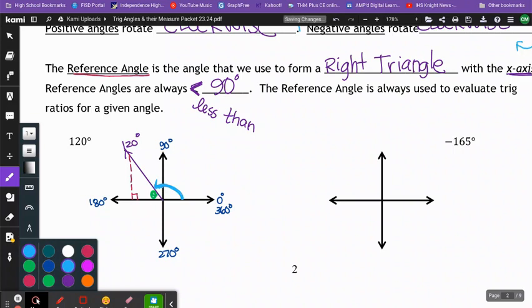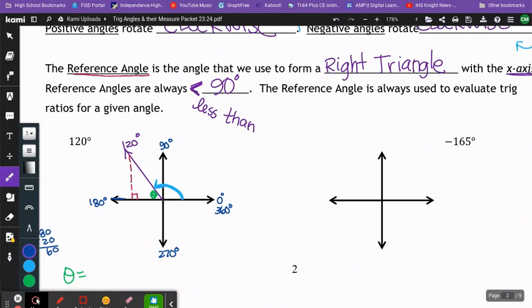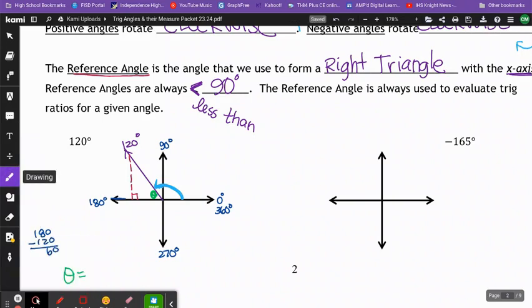And I know that 180 is here. So it's between 120 to 180 that gives me the measure of the rest of that rotation. So I would take 180 and subtract 120 from it in order to come up with 60 degrees. So my reference angle is 60 degrees.